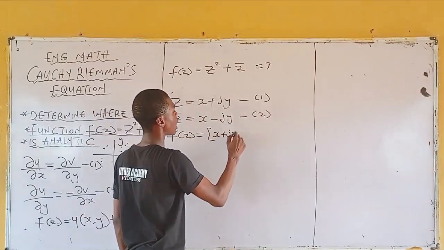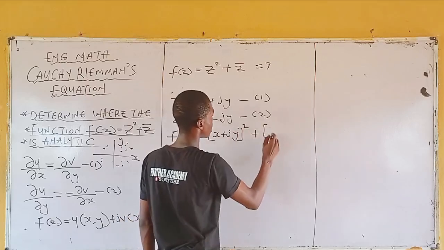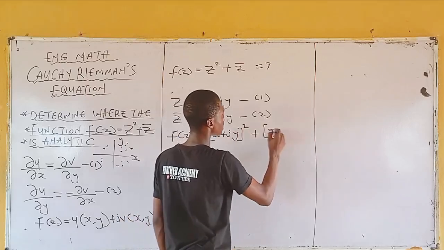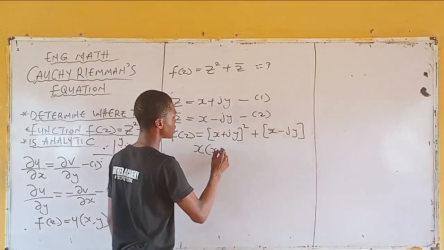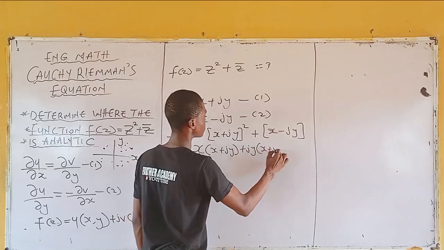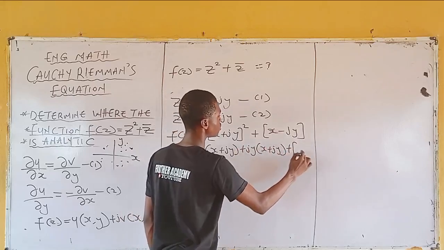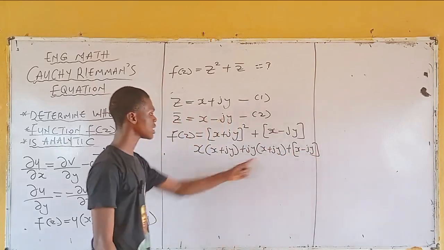That becomes f of z equals (x plus jy) all squared plus (x minus jy). Let's expand this bracket.